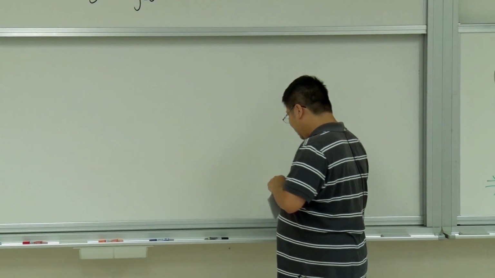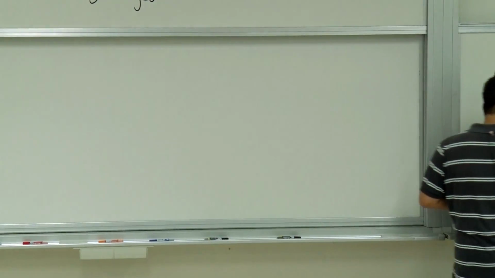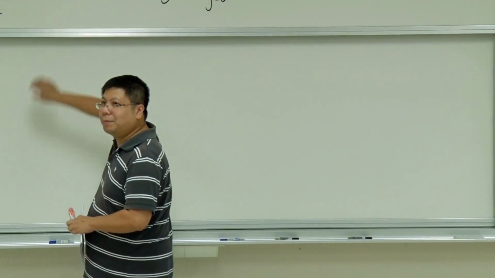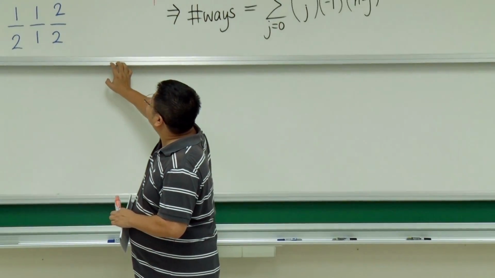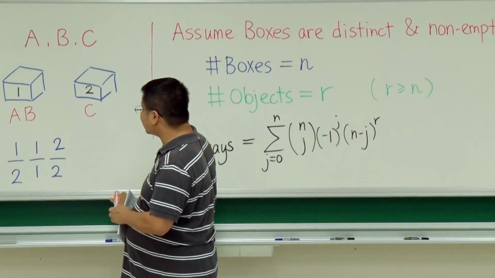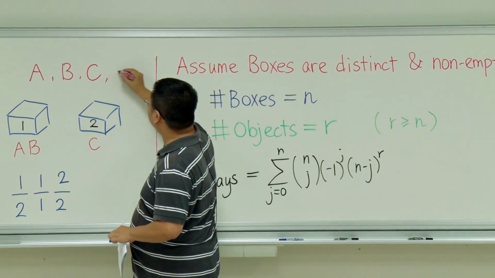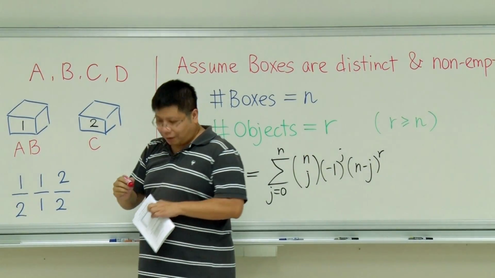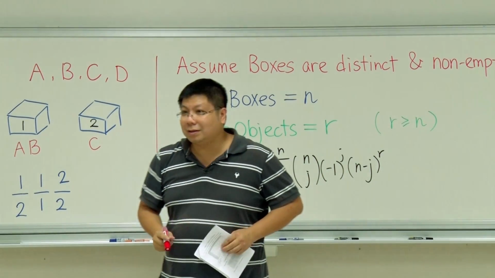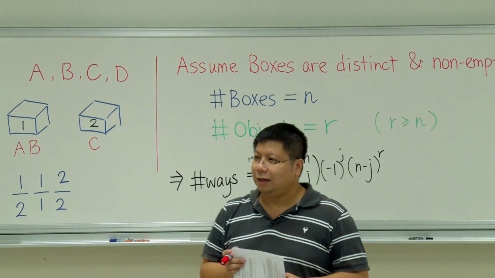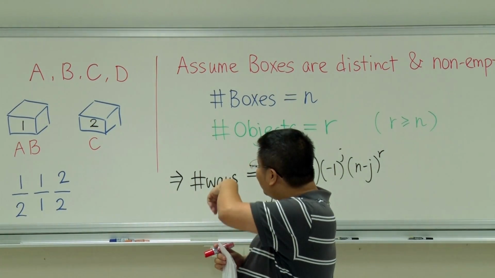So checking. Let's check a more complicated example. Let's make this example larger. Let's say we have 4 items, 2 boxes. How many ways are there? So previously, how many ways? There are 3 ways.